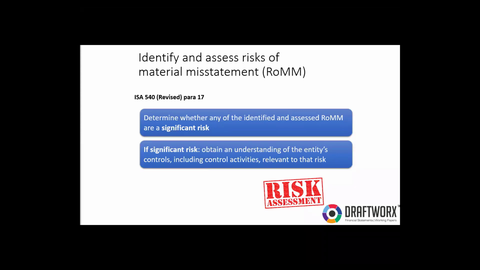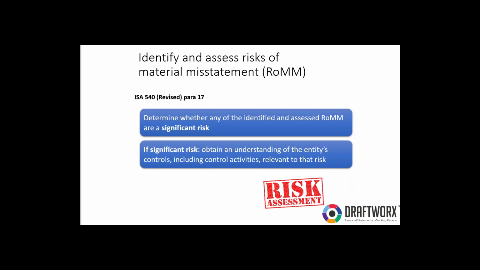Remember that when you have identified a significant risk, you must obtain an understanding of the entity's controls, including control activities, particularly relevant to that risk. That's standard from ISA 315.